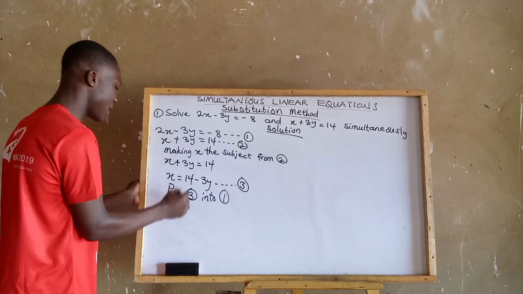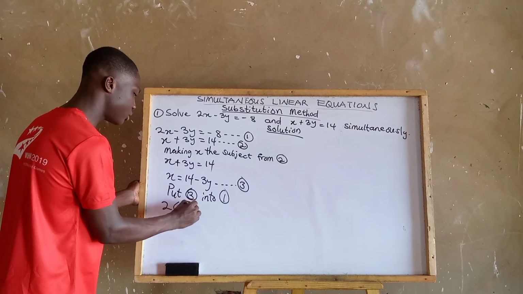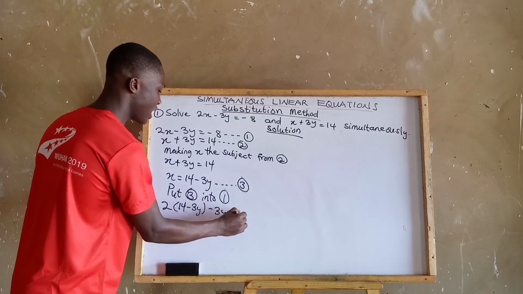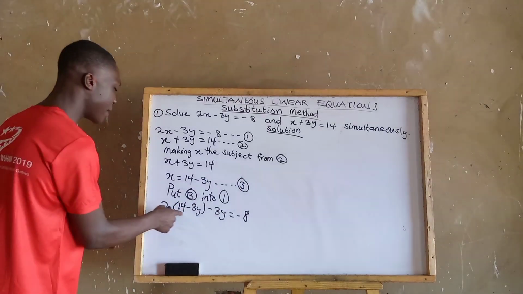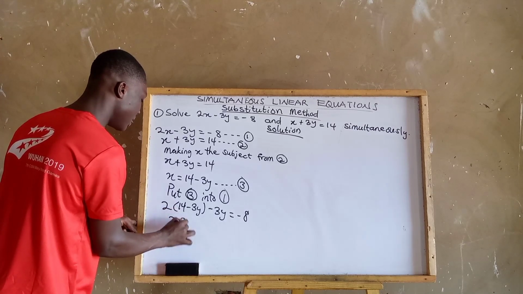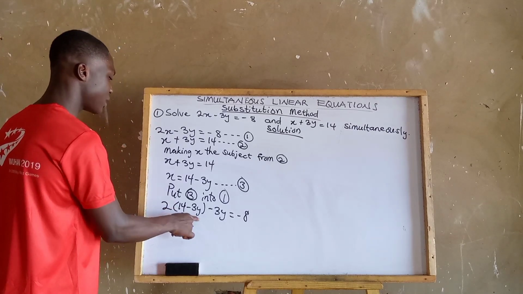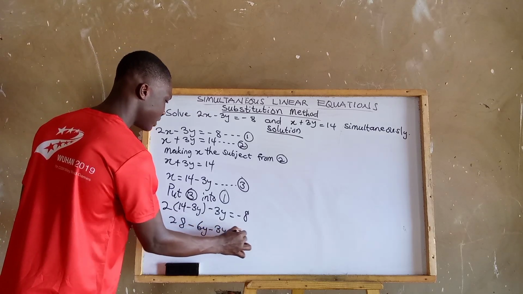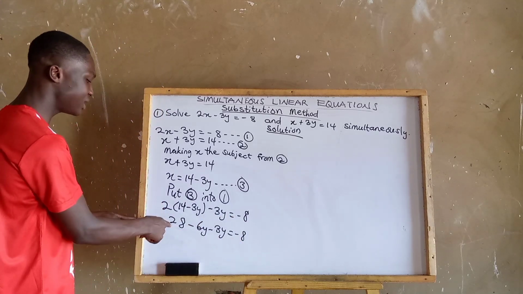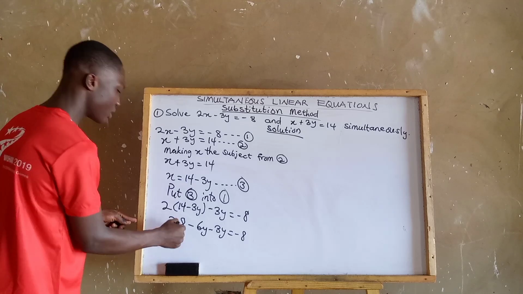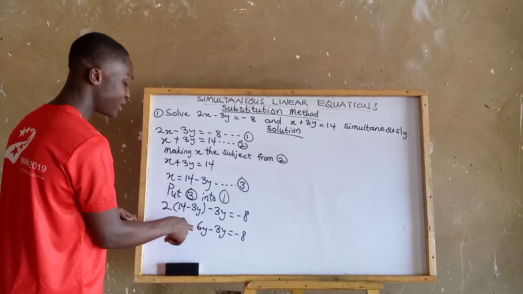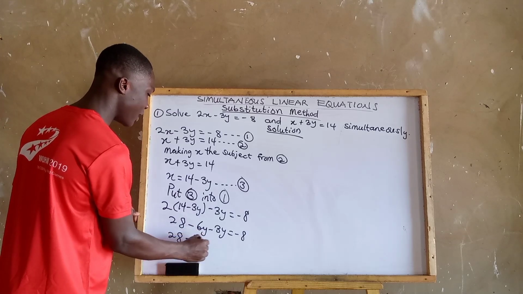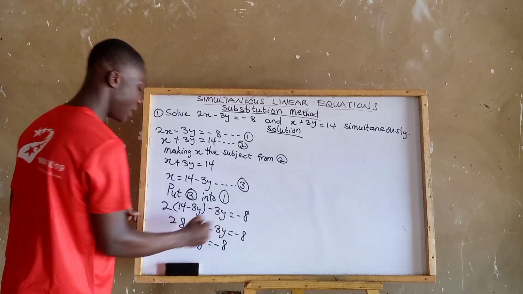So 2 times 14 minus 3y, minus 3y is equal to negative 8. So 2 times 14 we have 28, minus 2 times 3y we have 6y, minus 3y is equal to negative 8. So 28, negative 6y minus 3y, you have negative 9y is equal to negative 8.